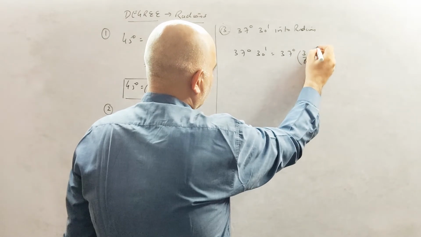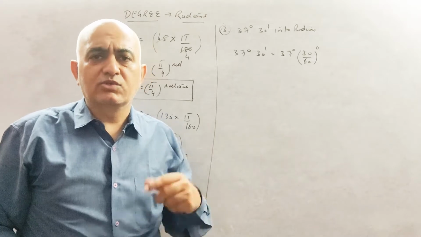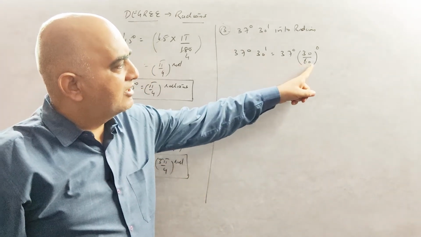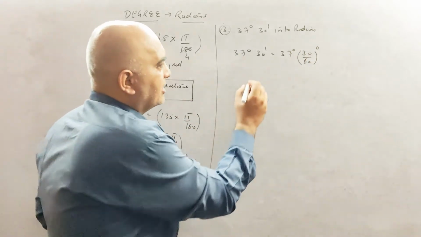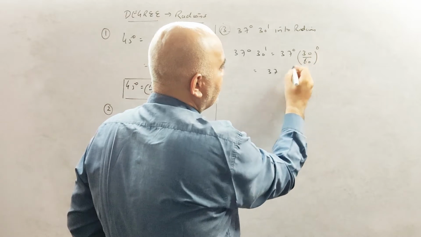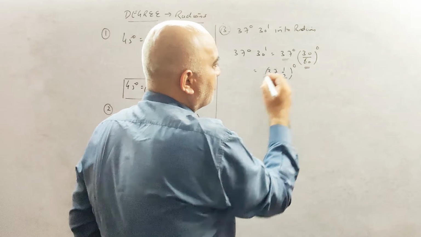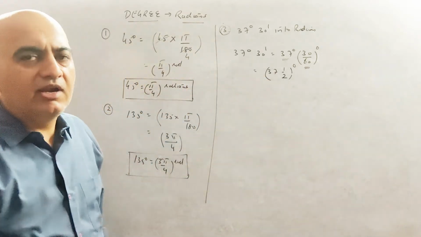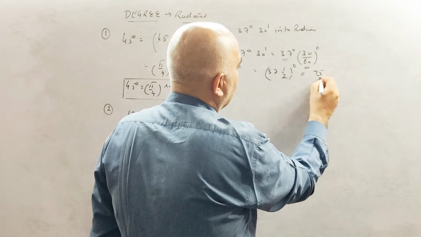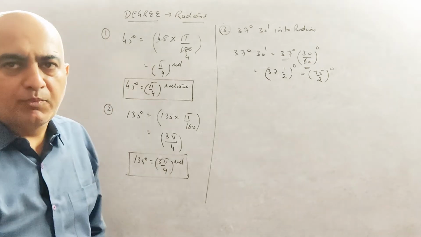You have to divide it by 60, because we know 1 degree is equal to 60 minutes. So when dividing 30 minutes by 60, we obtain 1 upon 2 degrees, and we can combine this with 37. It is 37 and a half degrees. 37 and a half degrees is given by 75 upon 2 degrees, that is 37 into 2 plus 1, which is 75 upon 2 degrees.